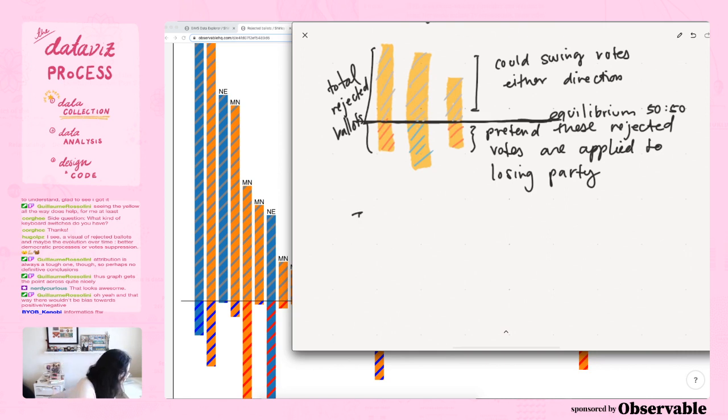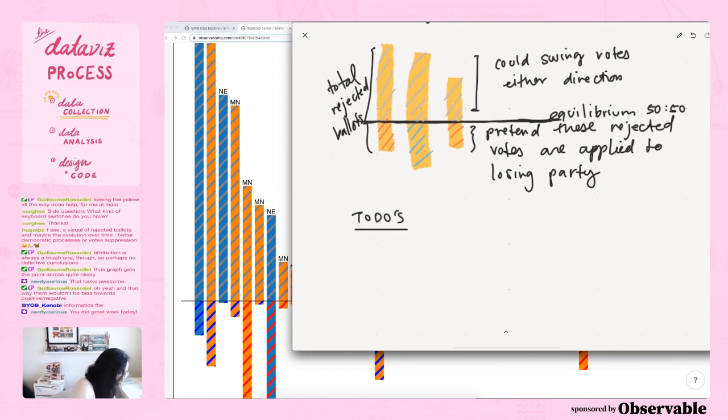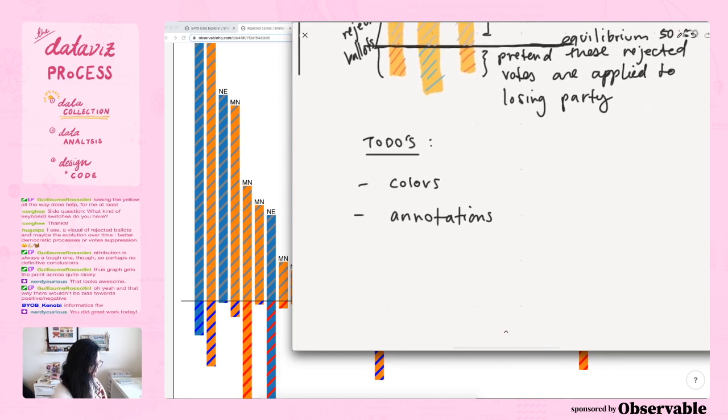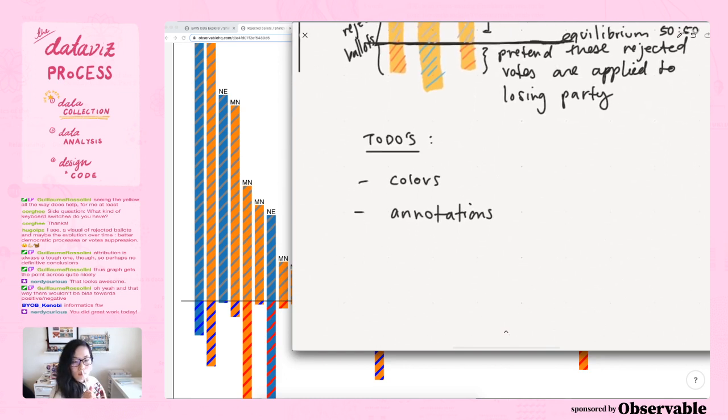Okay, so the to-dos are colors, prettier colors. Colors matter a lot. Annotations. And then flip it 90 degrees so that the equilibrium line goes this way.